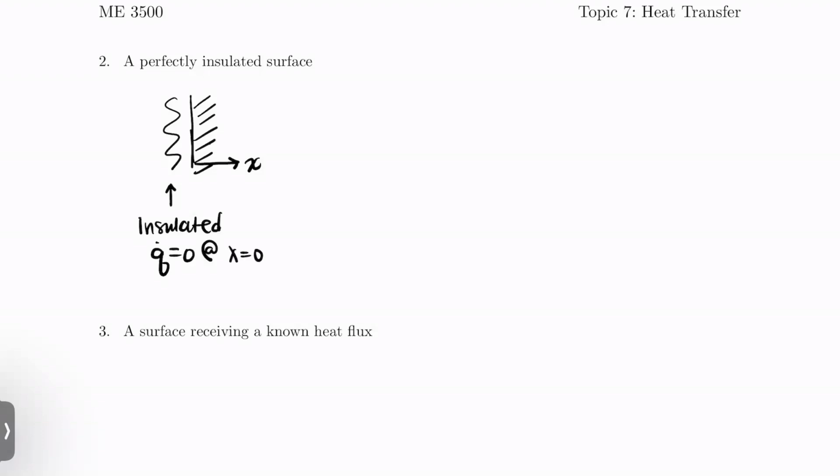Q dot is the heat flux, so we have minus k partial T partial x at x equals 0 is 0. We can divide through both sides by negative k, and this means that the x derivative of temperature at x equals 0 is equal to 0. And we would use this boundary condition.